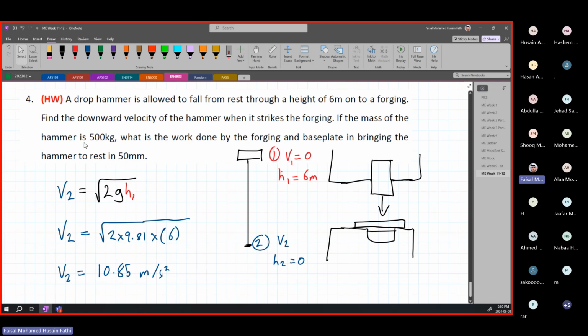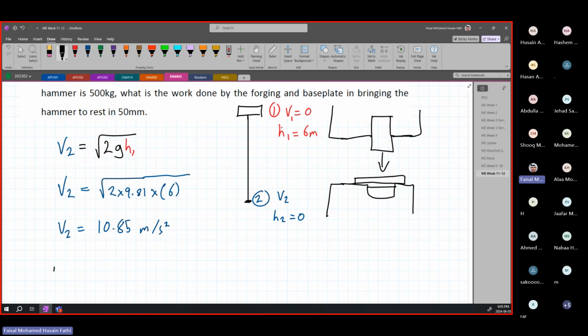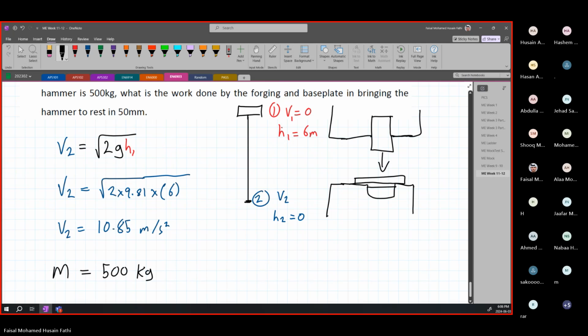Now, if the mass of the hammer is 500 kilograms, so now they're telling us that there is a mass for the hammer, equal to 500 kilograms. What is the work done by the forging and base plate in bringing the hammer to rest in 50 millimeters? So you have two things here that you need to look at.